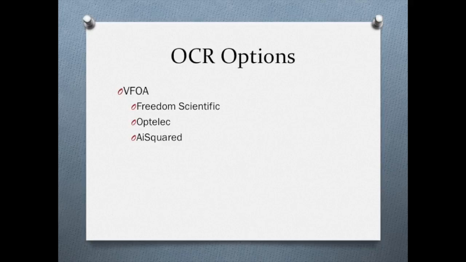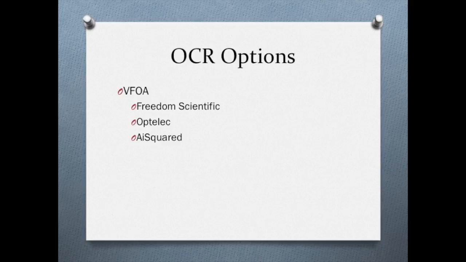All right, I touched on OCR a few minutes ago. When we're talking about OCR options, the major players are HumanWare, and we're demoing the Prodigy Connect 12 outside. The other major players are Freedom Scientific, Optilec and AI Squared.